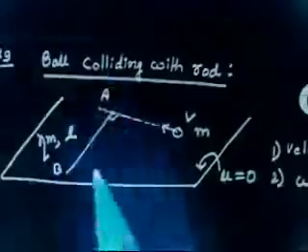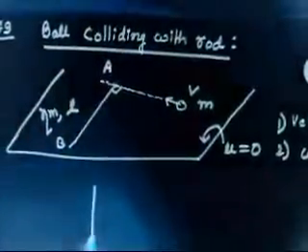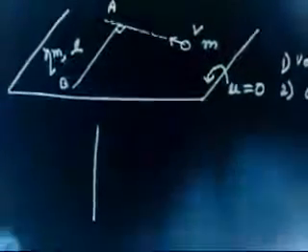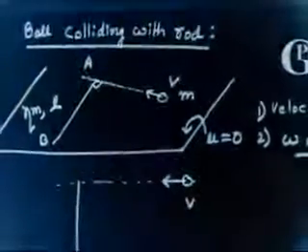If I look from the top, the same diagram will look something like this. There is a rod that is kept, and there is a disc that is coming on this line. Initially this is coming with velocity v that is given in the problem. The rod is kept at rest.